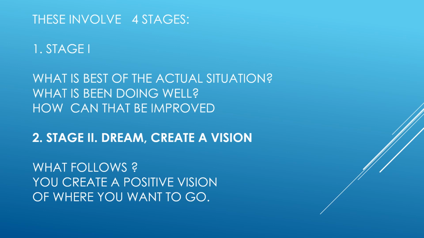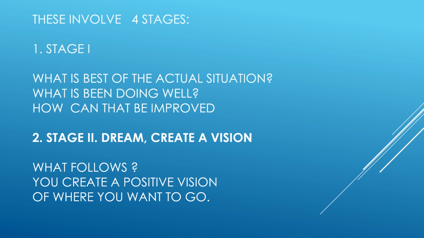Then stage two has to do with creating a dream, create a vision. So what follows? In regards to what can be improved, you create a vision of where you want to go. So you see what can be improved, see what's been done very well, you take that, and you say, okay, what follows?